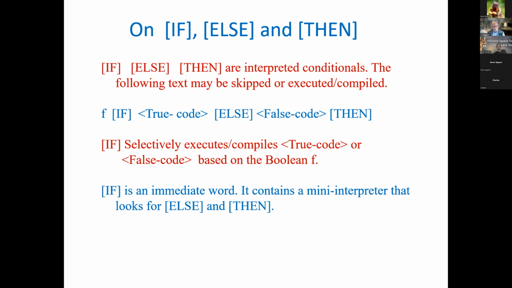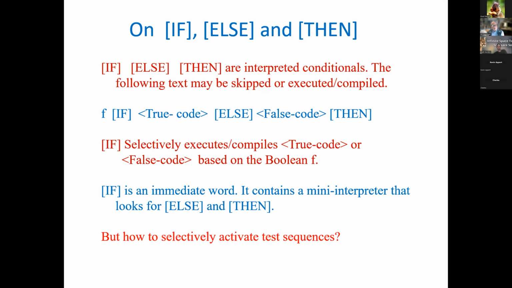It scans ahead for ELSE and THEN, but at the proper point, it will then revert to regular Forth interpretation. So it's an interpreter wrapped around internally as the Forth outer interpreter. So it's a very, very clever structure, very flexible to allow us to selectively execute pieces of code.